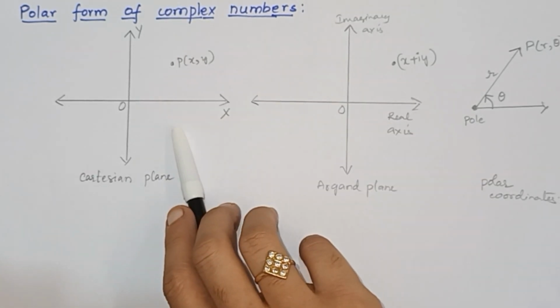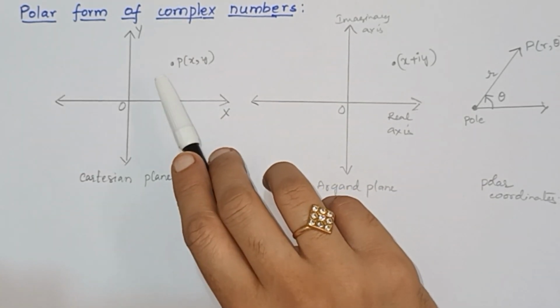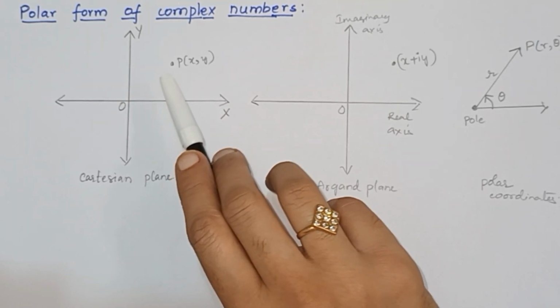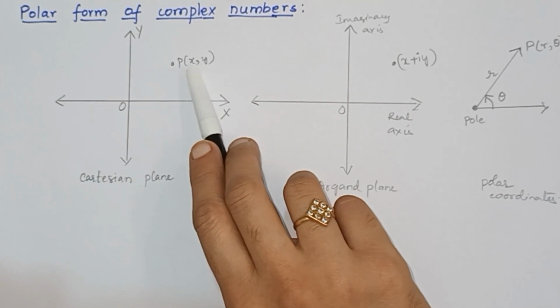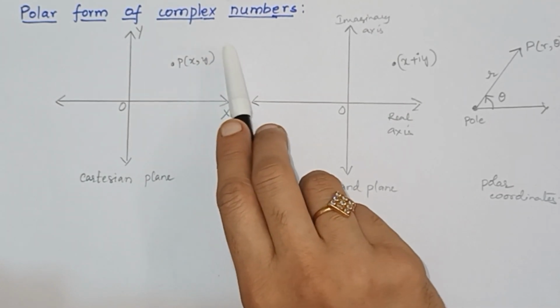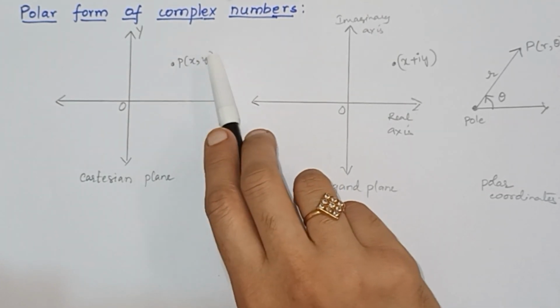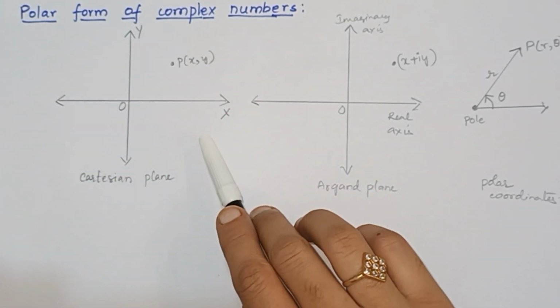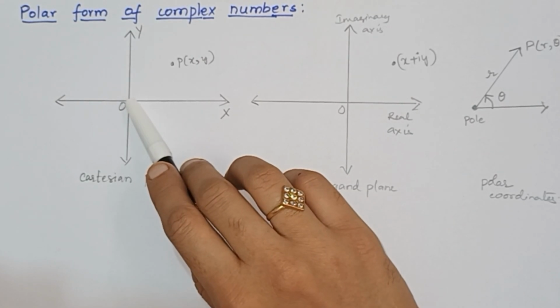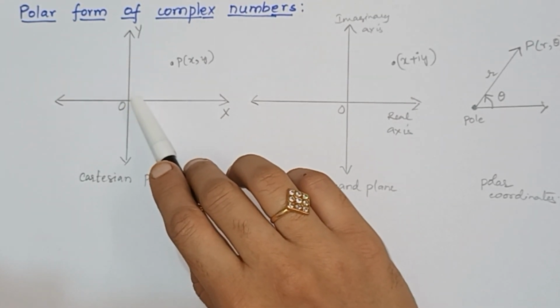Now we know that every point in the plane can be associated with a complex number. For example, any point (x, y) in the plane can be associated with its complex number x plus iy. So this plane is full of complex numbers. 0 can be associated with the complex number 0 plus i into 0.